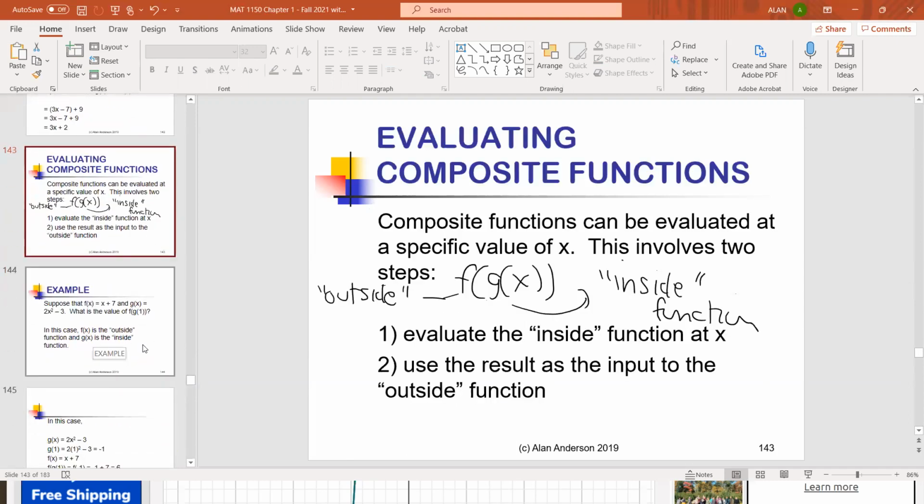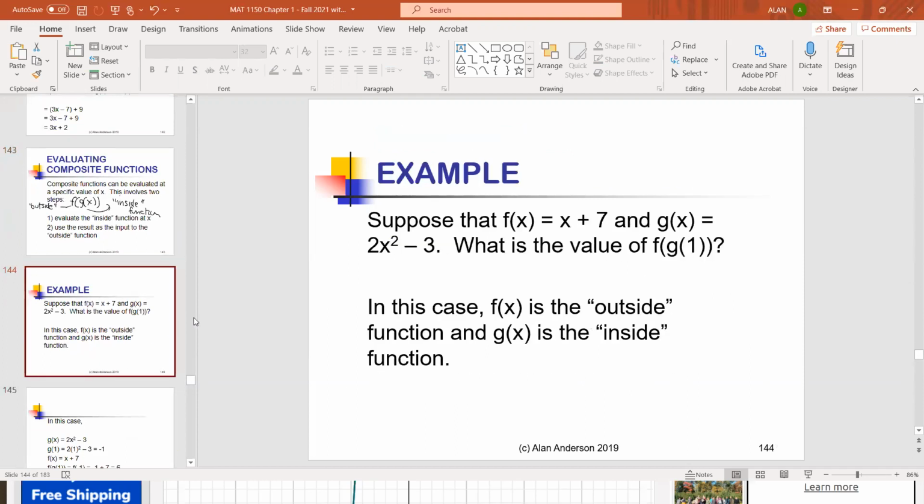So let me show you an example, because I think you'll realize pretty quickly that this isn't really that difficult. Let's say, for example, you were told that f of x is x plus 7 and g of x is 2x squared minus 3, but I don't want to know f of g of x, although I need that to get to my answer, but I'm really interested in knowing f of g of 1. So we're going to think of this as my f is the outside and g is the inside.